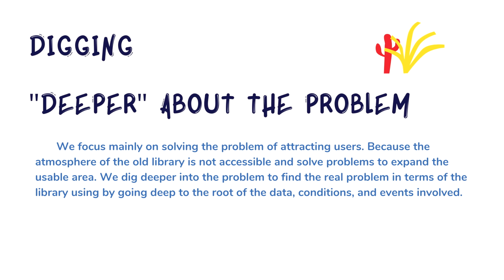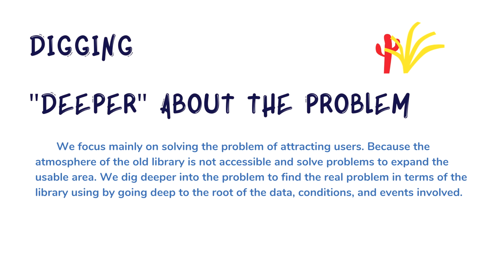The second process, define the problem. To dig deeper into the problem, we focus mainly on solving the problem of attracting users, because the atmosphere of the old library is not accessible, and we can solve the problems to expand the usable area.